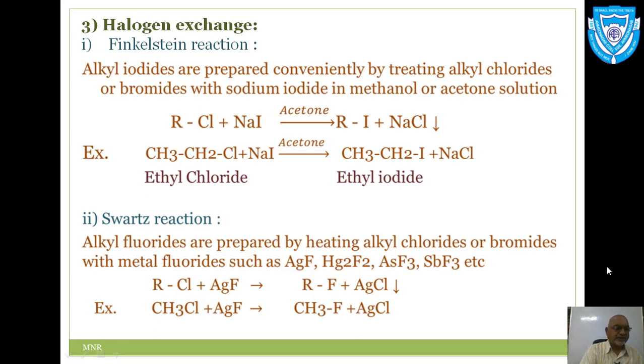Last time we studied a few methods of preparation. Let us continue with the same topic of halogen derivatives. We are coming to the third method of preparation of alkyl halides. This is a unique method to prepare alkyl halides.